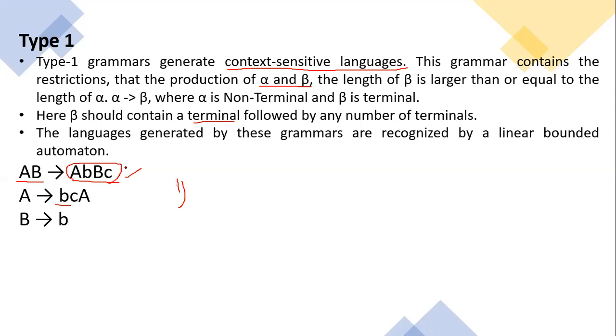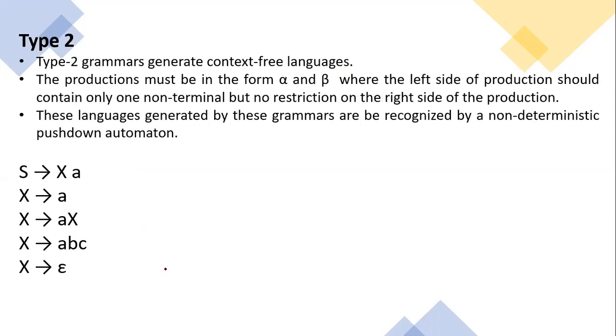This is not a context sensitive language, that is, a type 1 grammar, because it starts with a non-terminal. We have to start with a terminal followed by any number of terminals and non-terminals. The first condition is that the length of beta should be greater than or equal to the length of alpha, and the next is that it starts with a terminal followed by any number of terminals and non-terminals. This is the type 1 grammar.